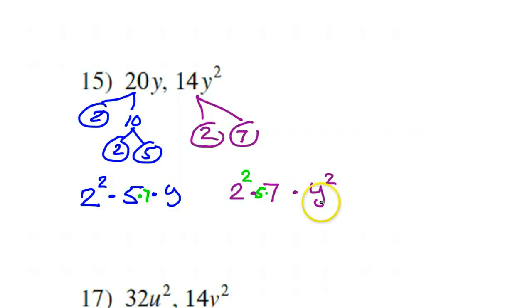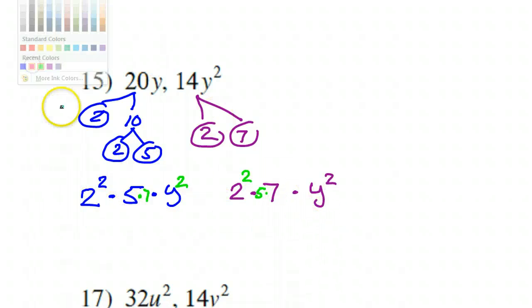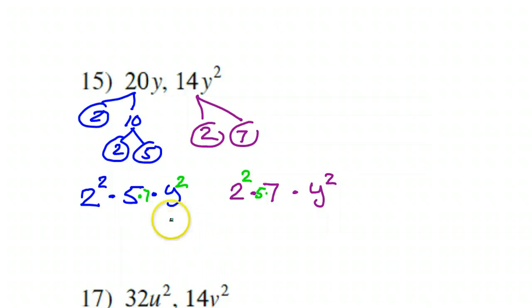Now the y's. This is y, but this is y squared. So if I want the y's to be the same, I'm going to have to make this y squared. Now they're the same. This is the least common multiple already. I just need to clean it up.